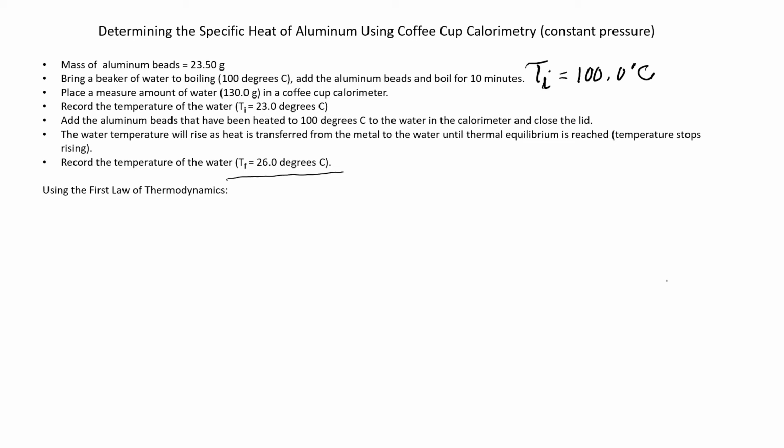So again, we're going to use the first law of thermodynamics, and we can say that Q of the metal plus Q of the water equals 0, which means we can also write this as Q of the metal equals negative Q of the water.